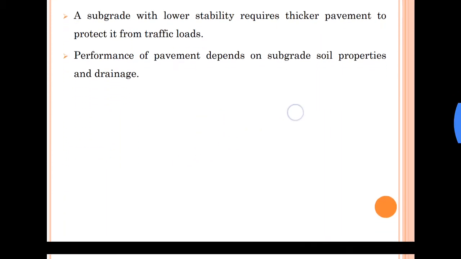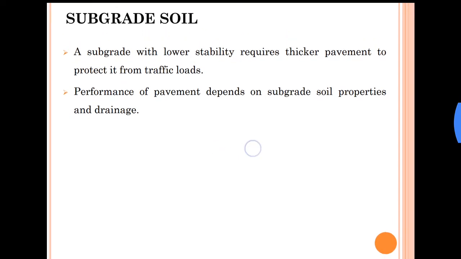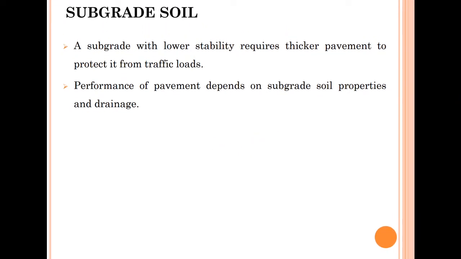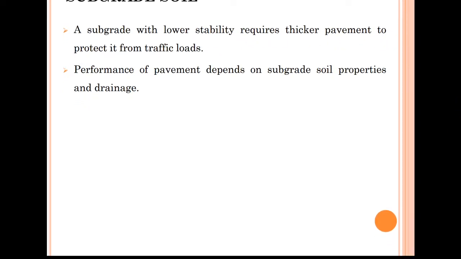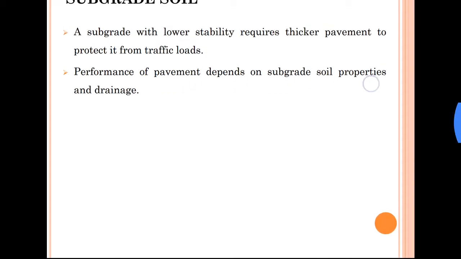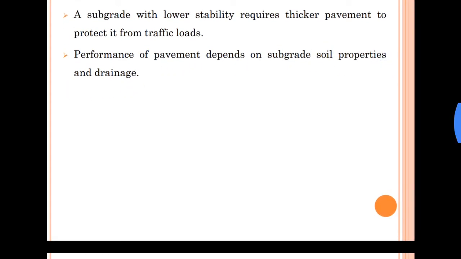Then we have subgrade soil. A subgrade soil with low stability requires thicker pavement to protect it from traffic loads. So if the stability of the soil is less, if the shear strength or the bearing strength is less, then we need to provide a thicker pavement to carry the loads. The performance of pavement depends on subgrade soil properties and the drainage.